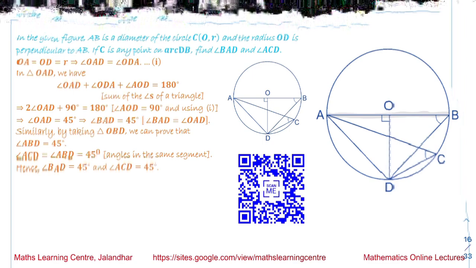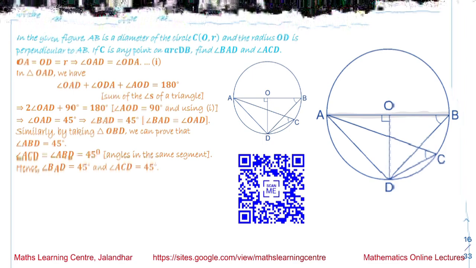So if we have to calculate this angle at A, the value of this angle is 360 degrees minus 90 plus 90 plus 90. So the value of this angle we get is also 90 degrees.